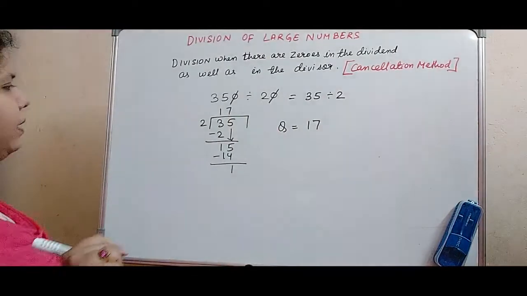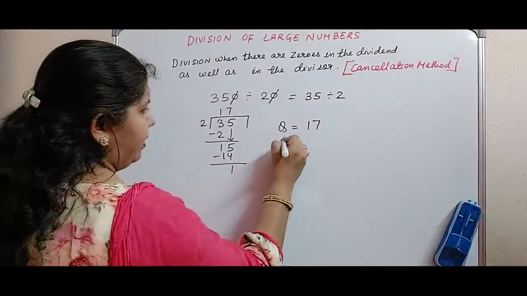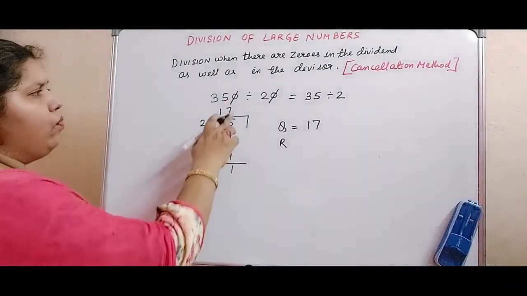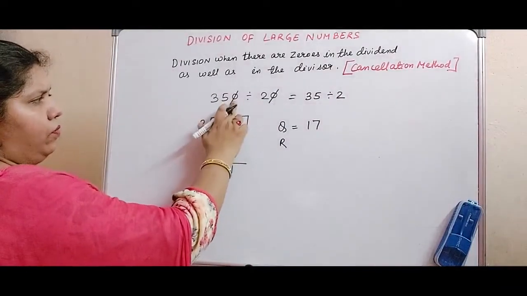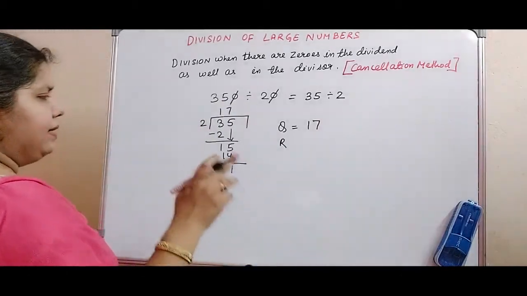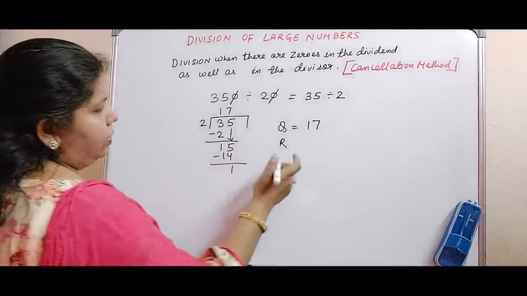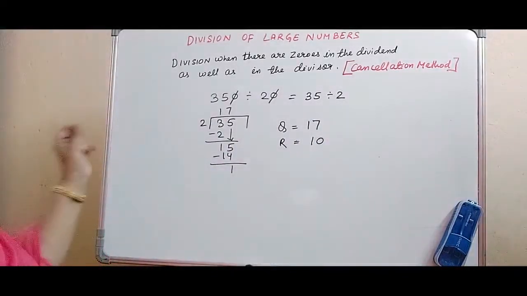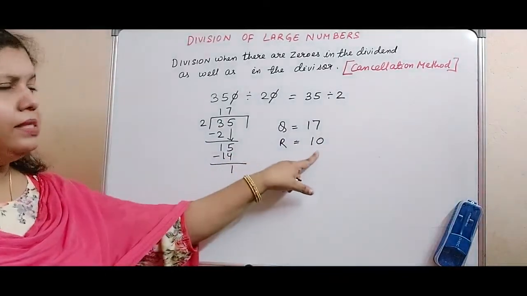But when we talk about the remainder, it is not 1, because we have cancelled out one 0 from each, the dividend as well as the divisor. So you have to add that common 0 here. That will give you 10. Though here you have got 1, actually it is 10.